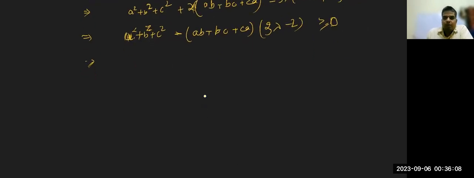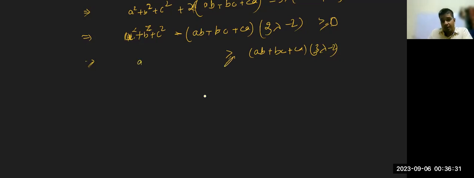So this minus sign, when it goes to the other side, would be like ab plus bc plus ca and 3 lambda minus 2.